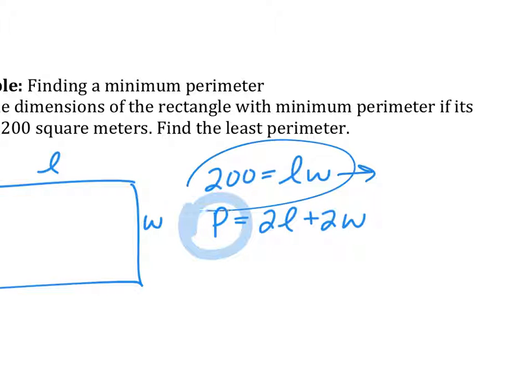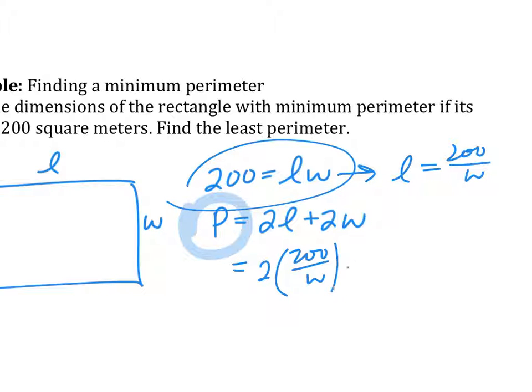So we're going to use this to help us. Let's say that we solve one in terms of the other, saying 200 over W is L. We can actually plug it in here. So then 2 times 200 over W plus 2W is equal to P. And then we're saying, what does W have to be so that P is as small as possible?